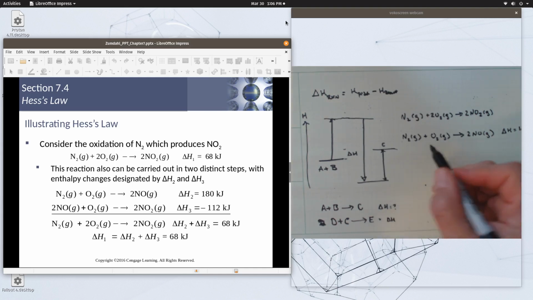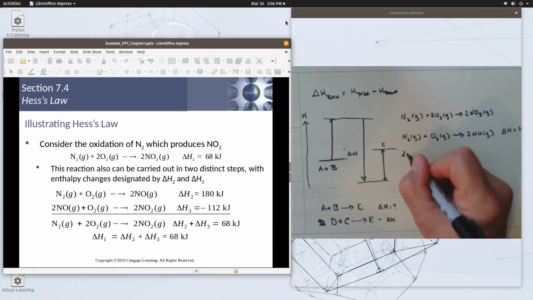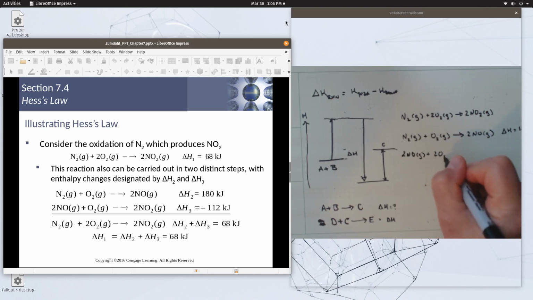Okay, and then the next thing I can do is 2 NO in the gas phase plus O2 also in the gas phase gives me 2 NO2 in the gas phase, and this has a delta H of minus 112 kilojoules.